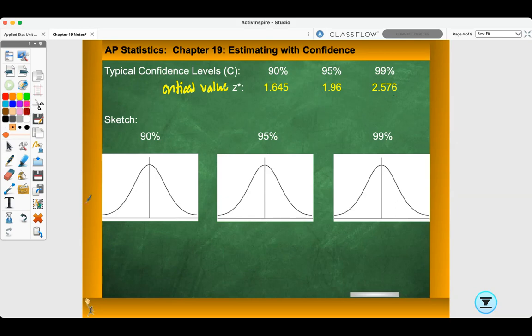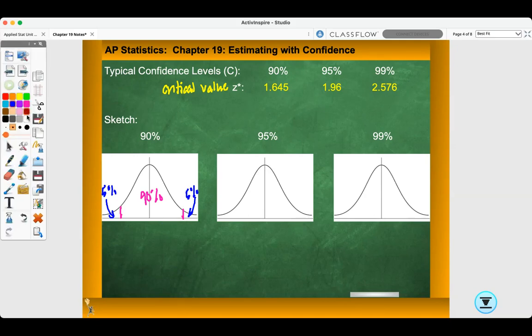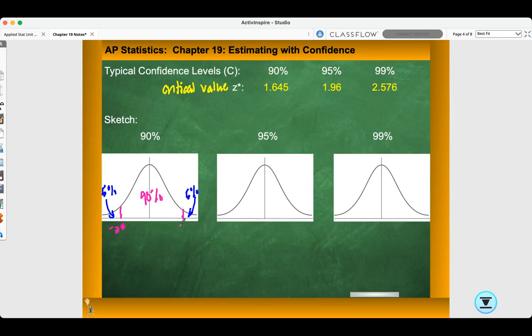Now, these are typically the three that we tell you to memorize because they are used often. What the sketch looks like for a 90% confidence interval: from here to here is your 90%, which means on either side, this is 5%, and this area on this side is 5%. This line would be negative Z star, and this would be positive Z star.